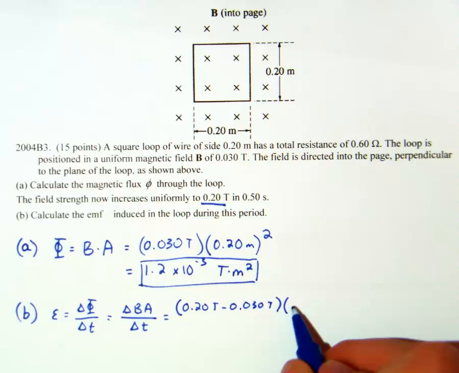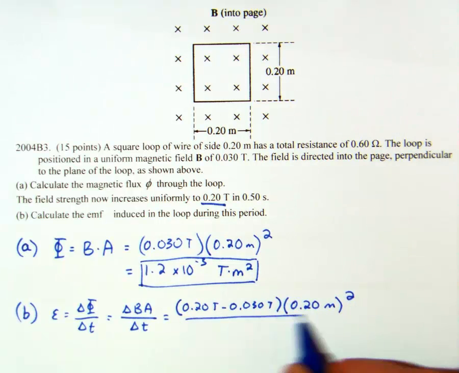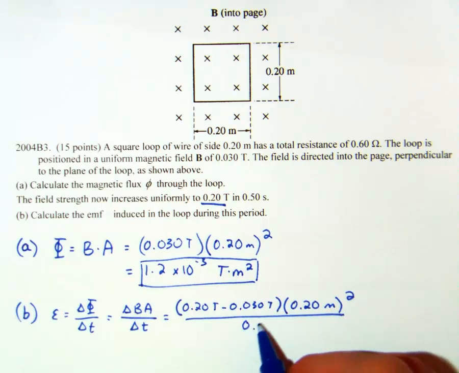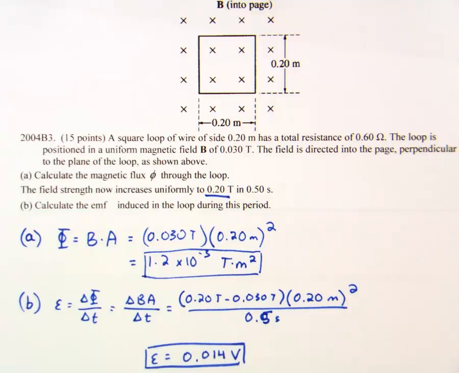My area is, again, 0.20 meters squared, and my change in time says it happens over a period of 0.5 seconds. That gives me an induced electromotive force, an induced voltage, of 0.014 volts. That is my induced electromotive force.